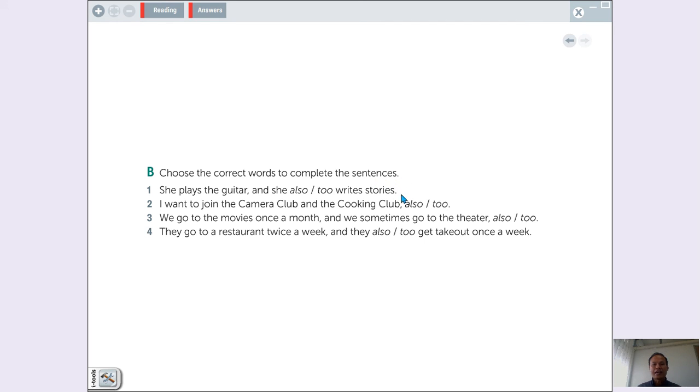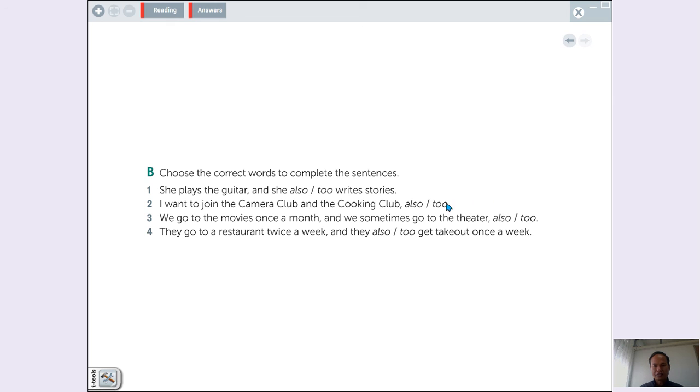Also, the book mentions that we use also inside the sentence, but we use to at the end of the sentence. So this one should be also. She plays guitar and she also writes stories. That's the correct answer.